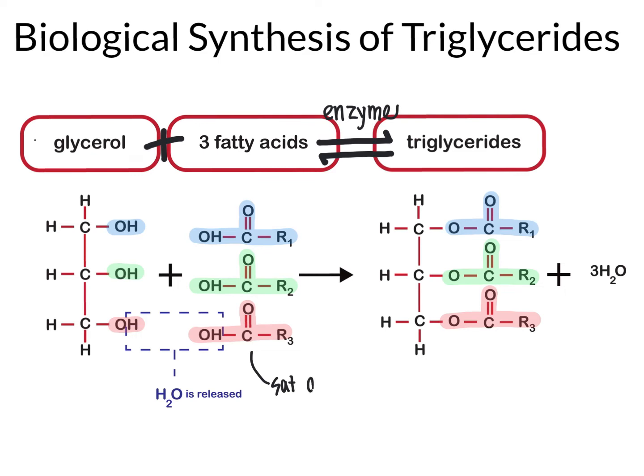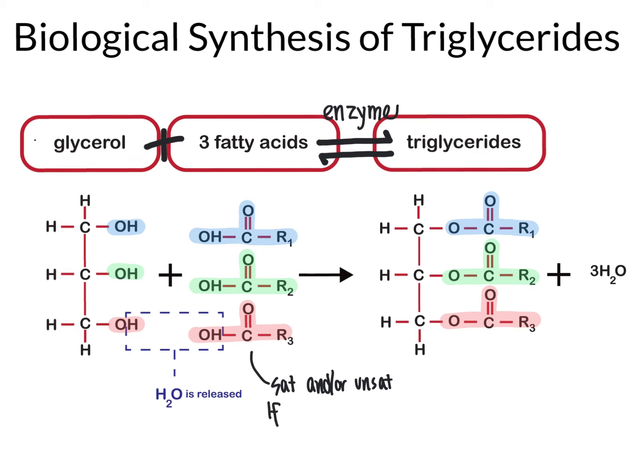And I really should say saturated and/or unsaturated, because in a particular triglyceride molecule, the 3 fatty acids that form bonds here do not have to be identical to one another. In other words, they can be 3 different fatty acids, or alternatively, they can be the same.